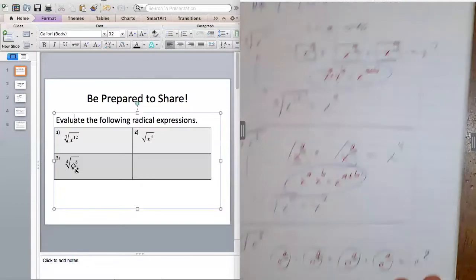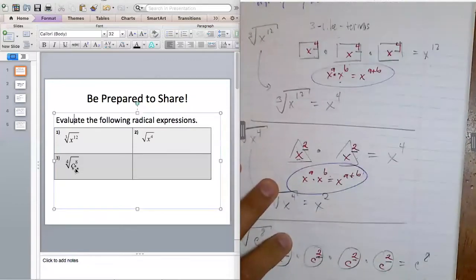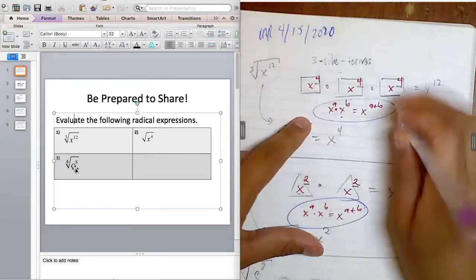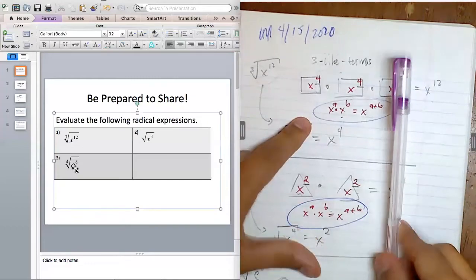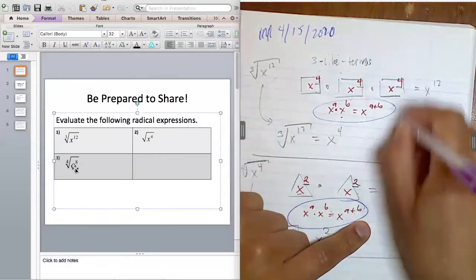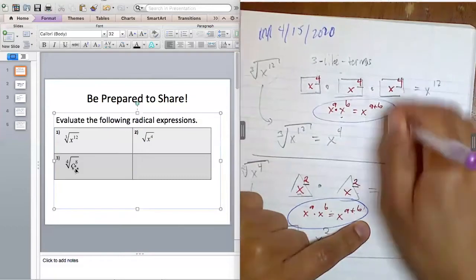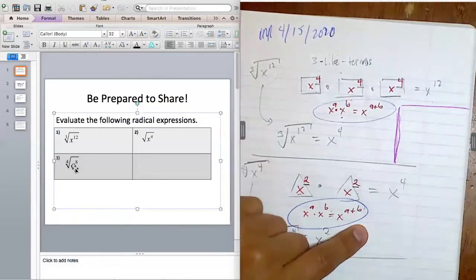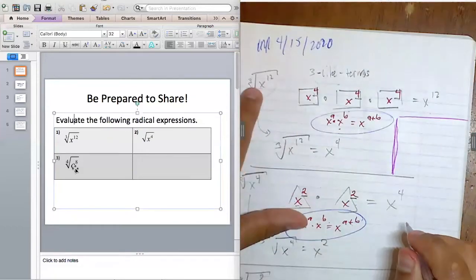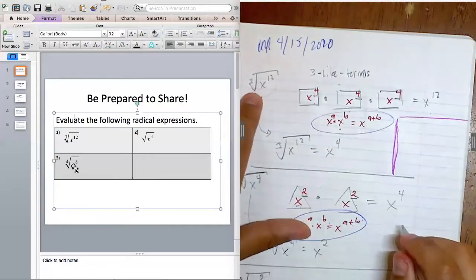Is there a shortcut? Yes. So what's another way that I can rewrite this third root?